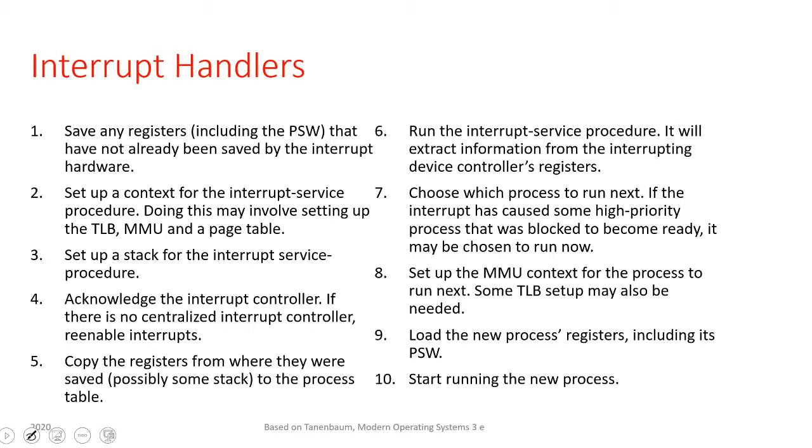It's like the context switching for that process. Then it has to also identify what is called the interrupt service procedure. That is the set of instructions that have to be executed when an interrupt occurs. So that interrupt service procedure will be the next thing to look at.